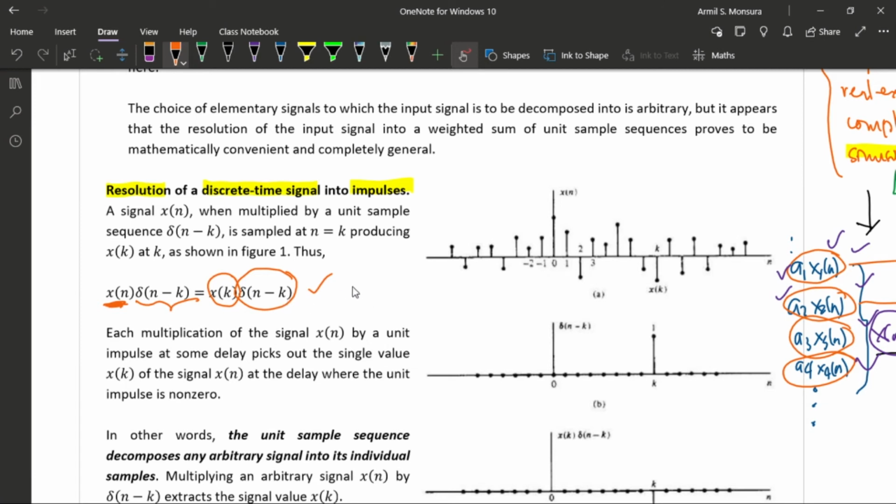Paanong yung kanina, say for example, yung x of n times delta n minus 5, naging x of 5, susundan ko lang yung form niya, x of 5, okay, times delta n minus 5.